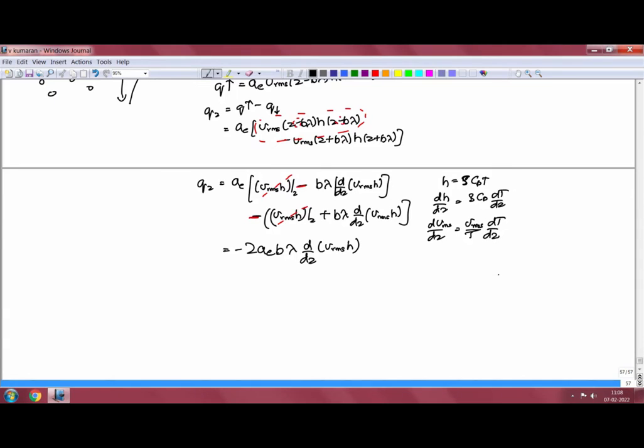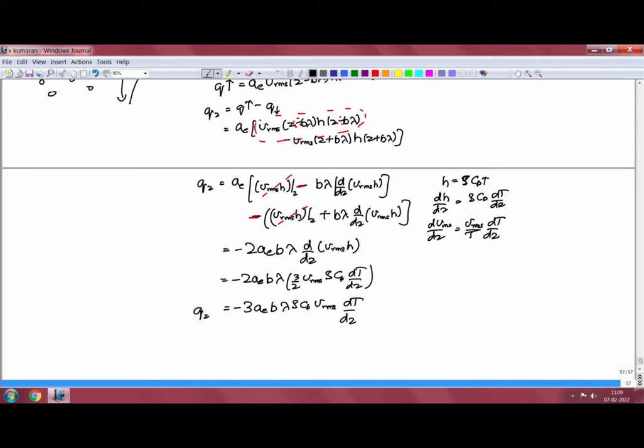So, I substitute these two and I will get minus 2 AE B lambda into 3 by 2 Vrms rho Cp dt by dz. So, you can expand it out and substitute it in check, and this is what you will get. And if I collect all terms here, I will get minus 3 AE B lambda rho Cp Vrms dt by dz.